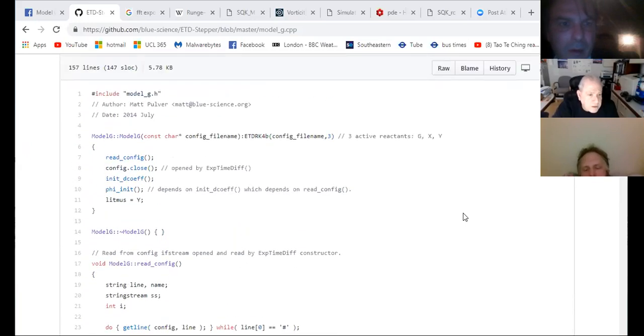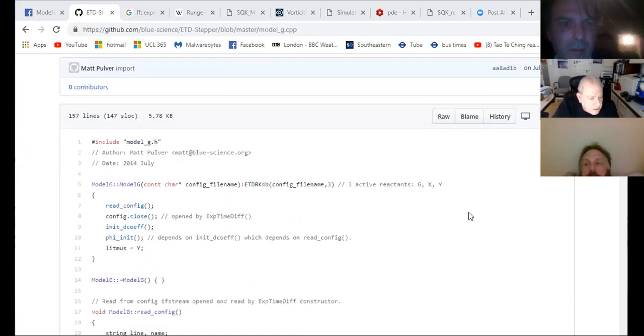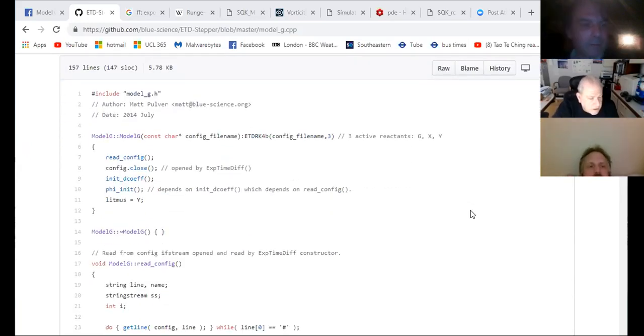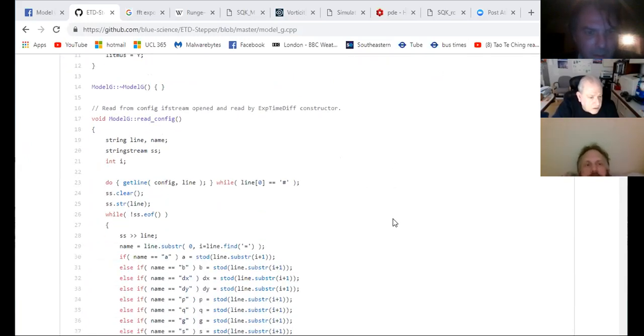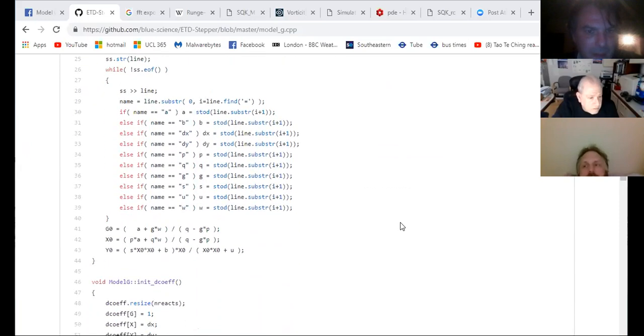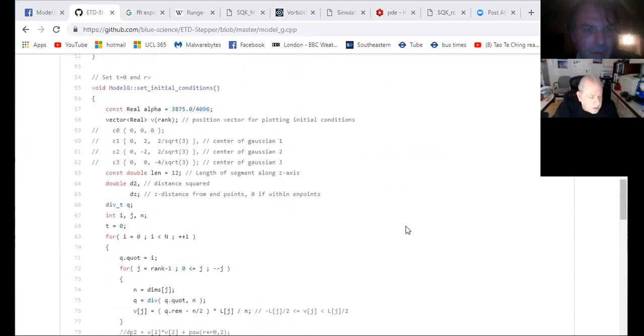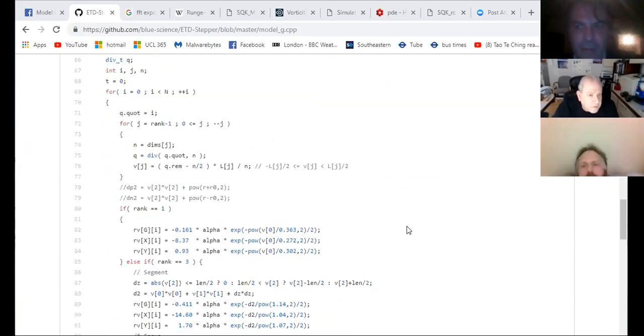Yeah, so you're really not seeing any equations, right? All right. So it might be in some other piece of code.